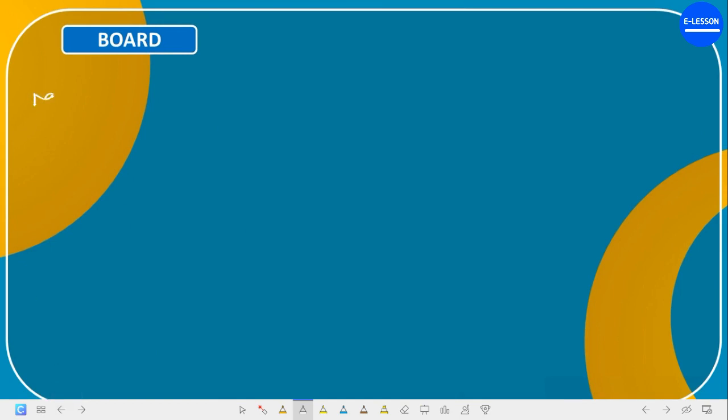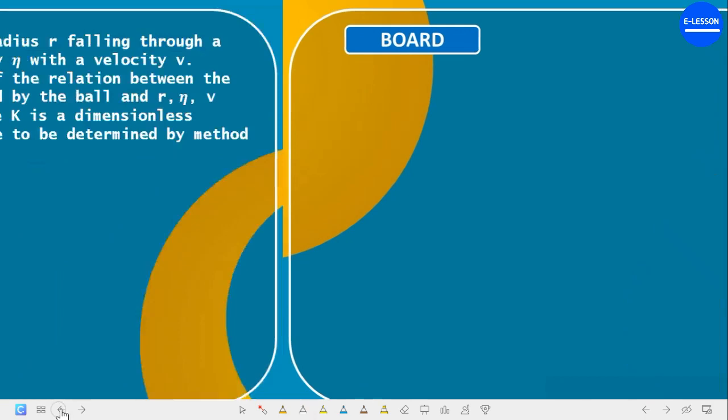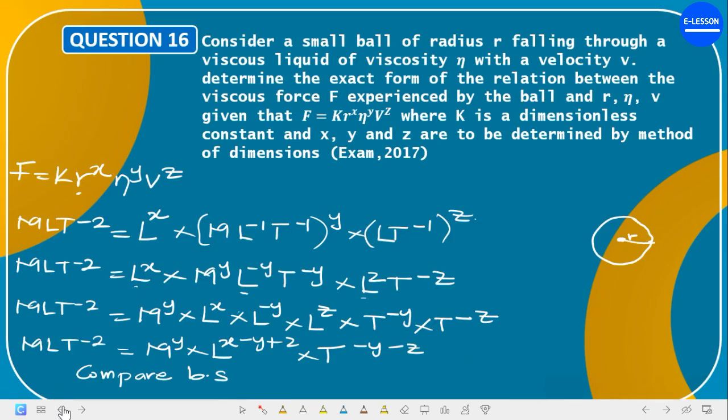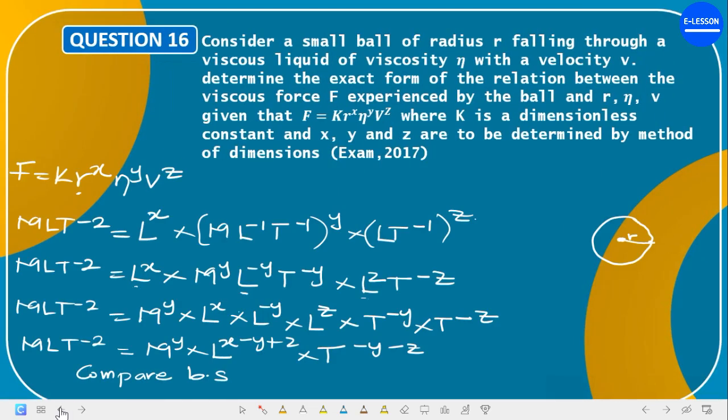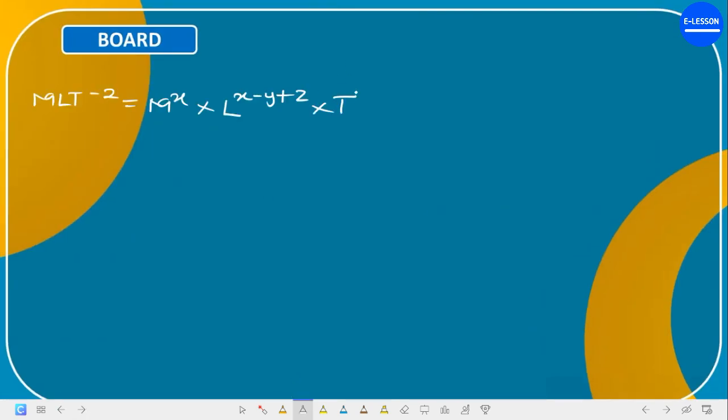We have mlt to the power of minus 2 is equal to m to the power of y times L to the power of x minus y plus z, times t to the power of minus y minus z.